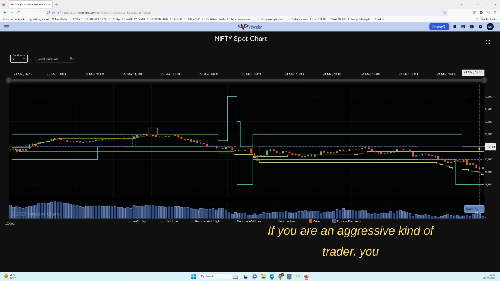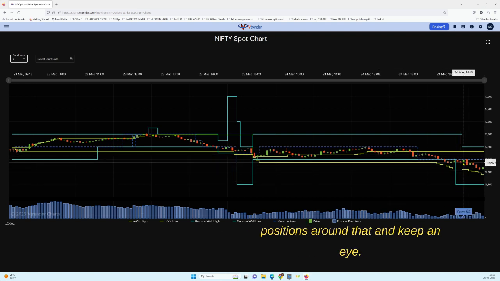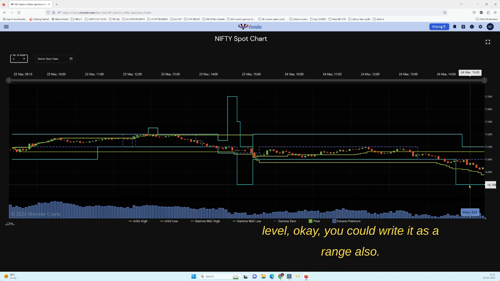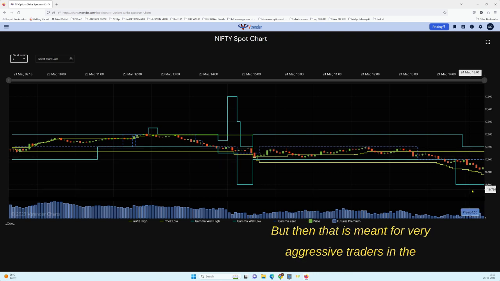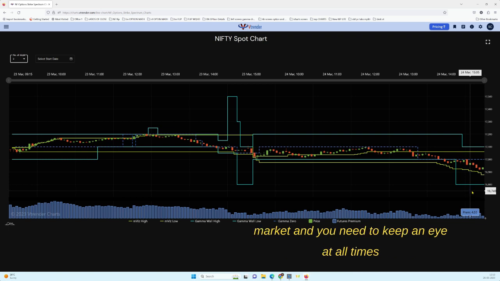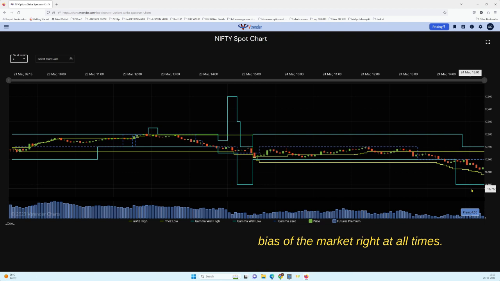If you are an aggressive kind of trader, you could also use the gamma zero reference and write positions around that, and keep an eye on whether the market wants to stay above the gamma zero level. You could write it as a range also, but that is meant for very aggressive traders in the market, and you need to keep an eye at all times to ensure that the market is responding and you have the bias of the market right at all times.